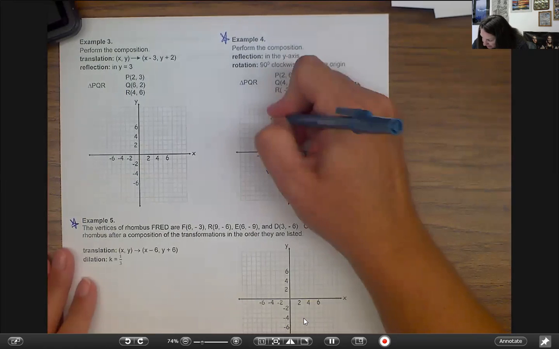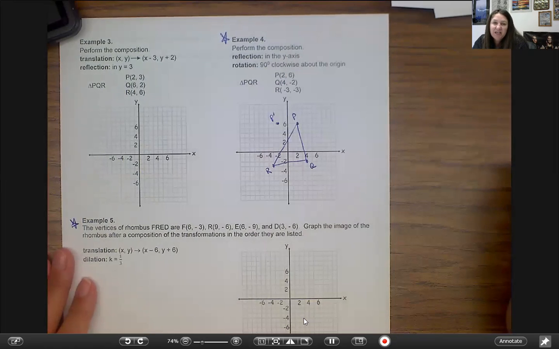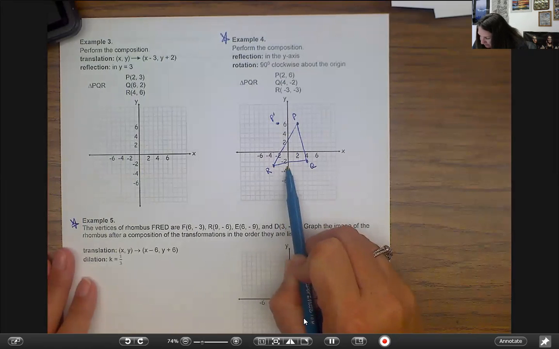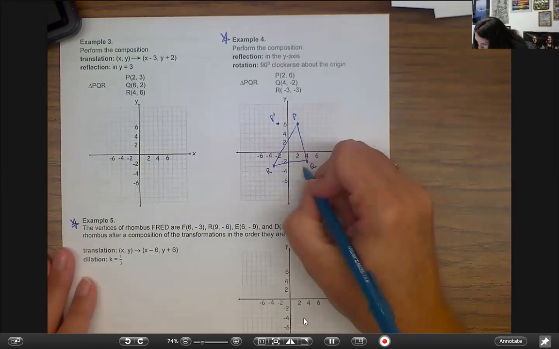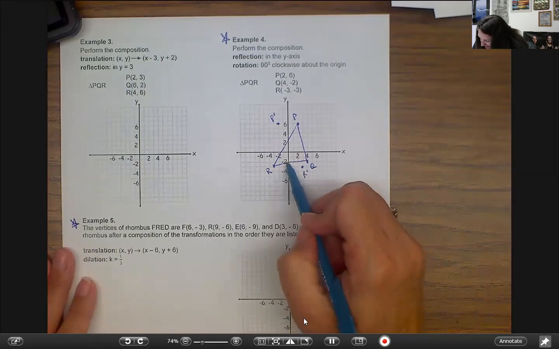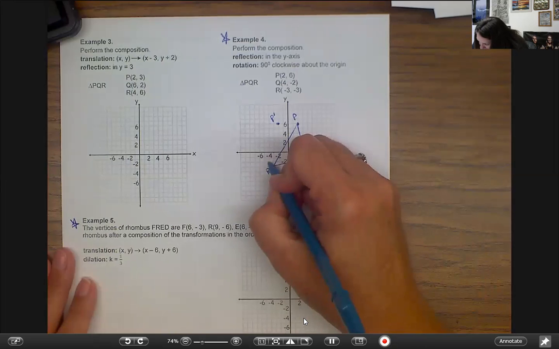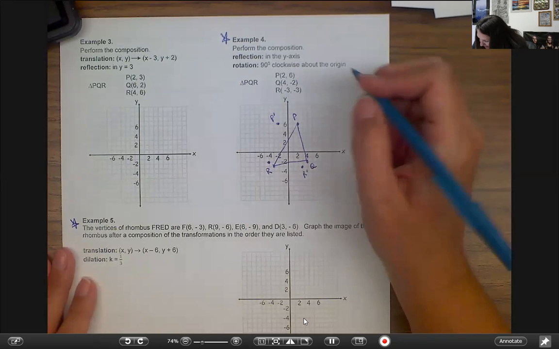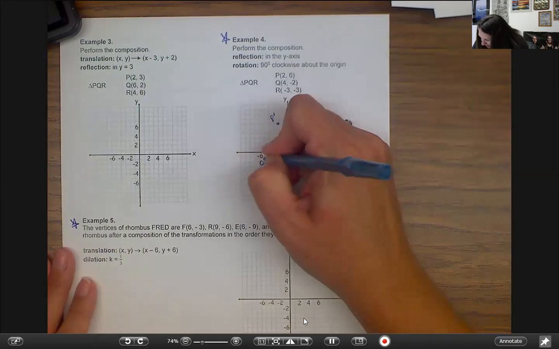So this is where P prime would be located. R is 1, 2, 3 units away from the y-axis, so it's going to move 1, 2, 3 units over here. And then Q is 4 units from the y-axis, so it's going to move 4 units over here. And we have Q prime.